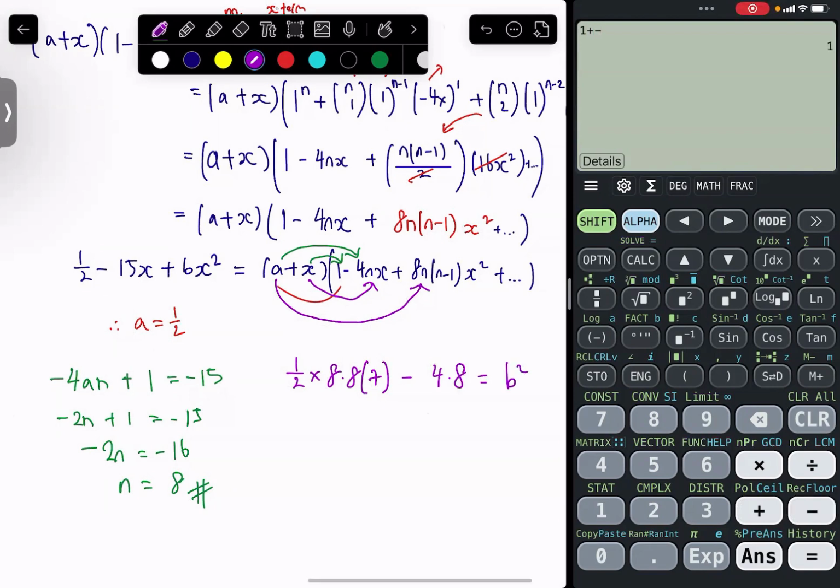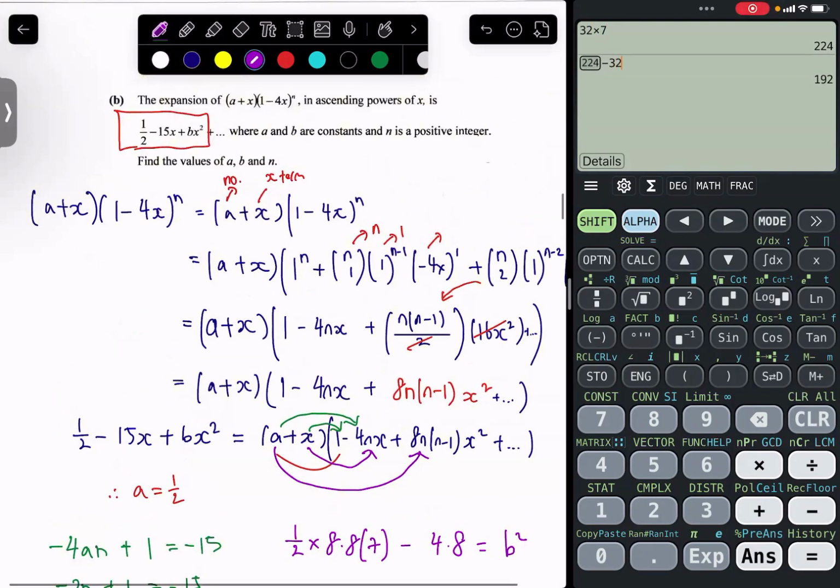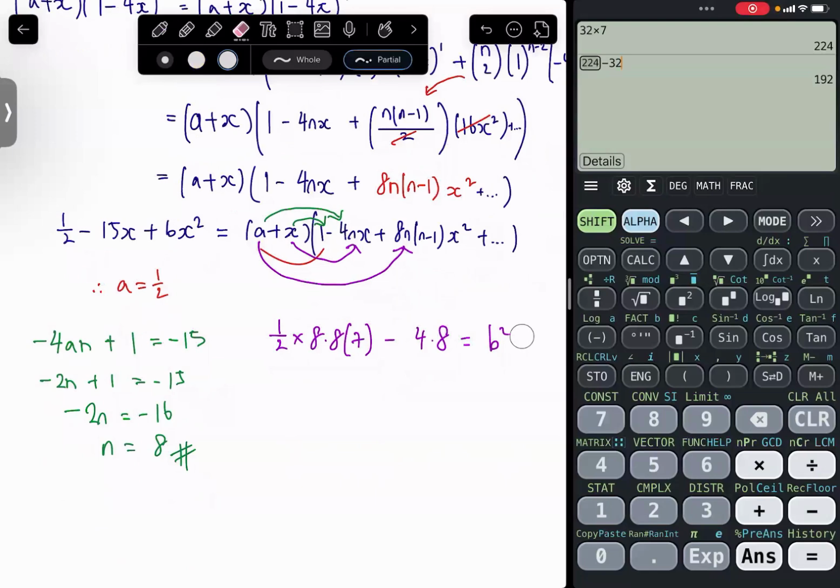So this is 224 minus 32 gives 192. So b equals 192. That's all.